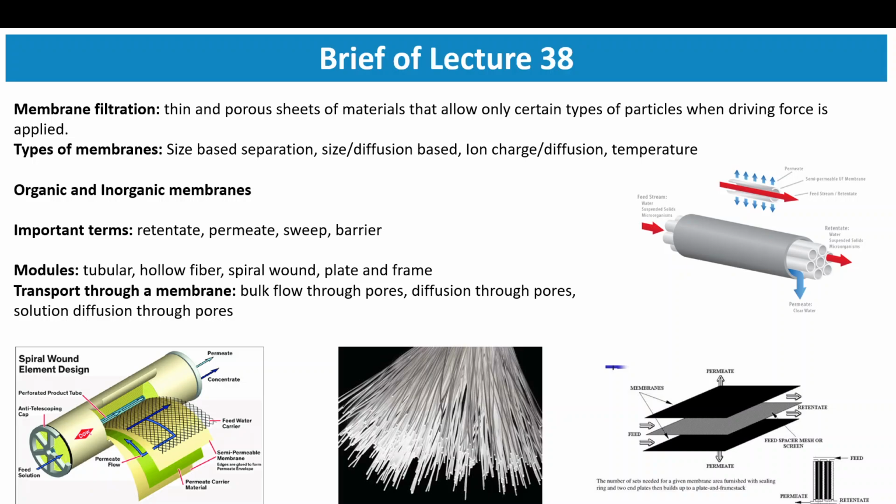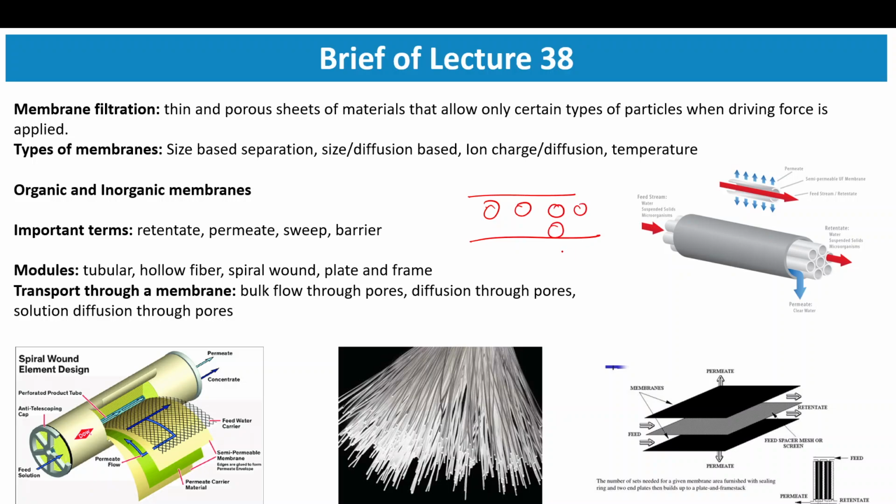In the case of adsorption, there was some physical or chemical force which caused the binding of the pollutant with the adsorbent surface. Now, these membranes have pores which show size-based separation, or some repulsion because of ionic charges or a concentration gradient, which results in separation. Let's say this is the membrane surface. It will have pores on its surface.